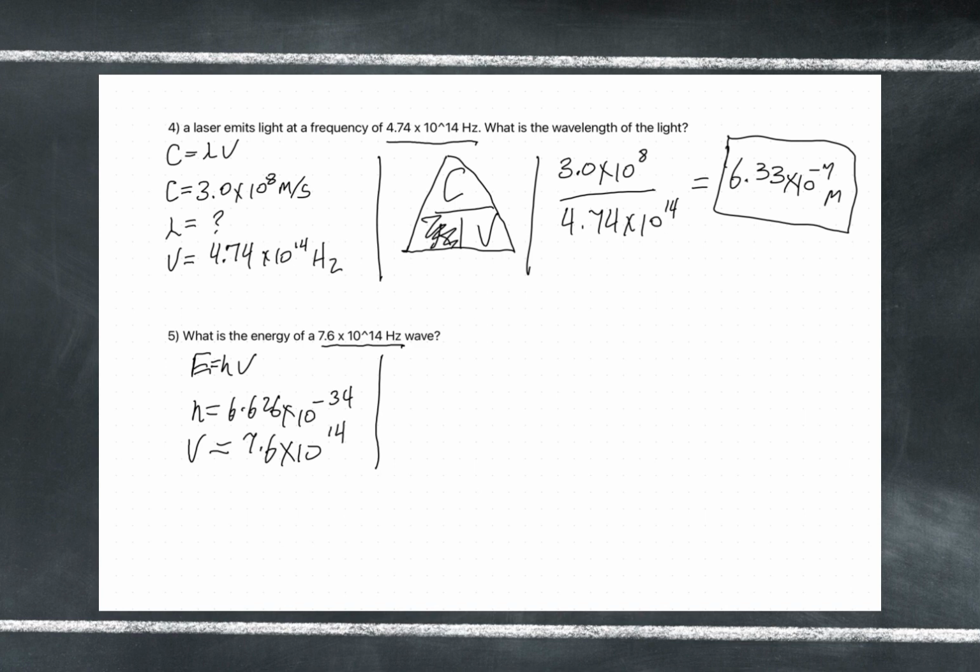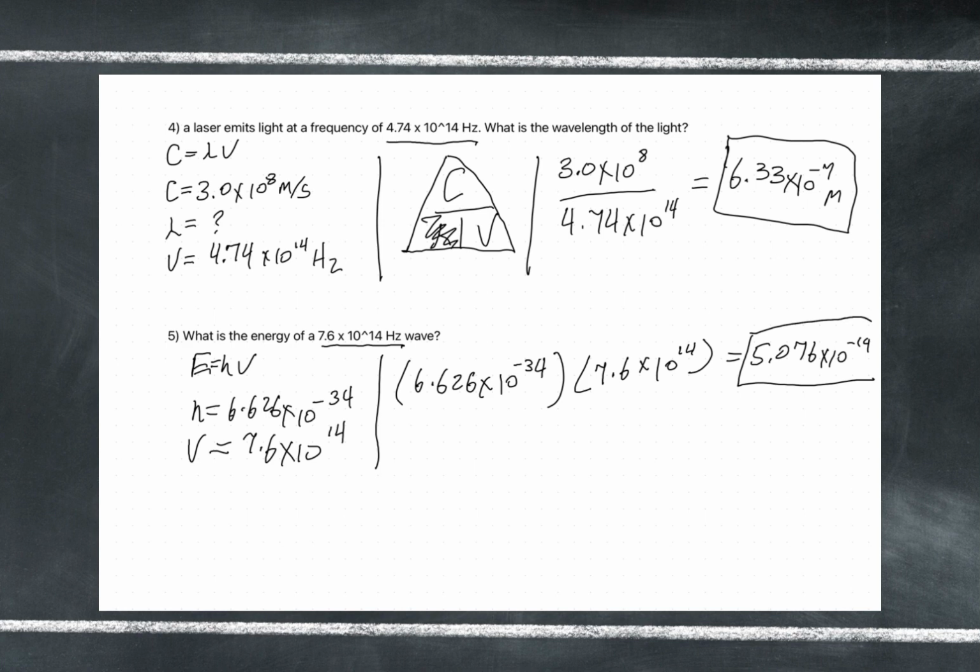So we just take 6.626 times 10 to the negative 34, multiply that by 7.6 times 10 to the 14th, and we get 5.076 times 10 to the negative 19th. And that would be the amount of energy, in joules, we get from this.